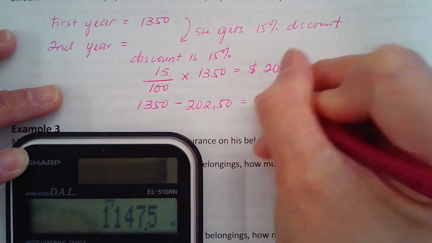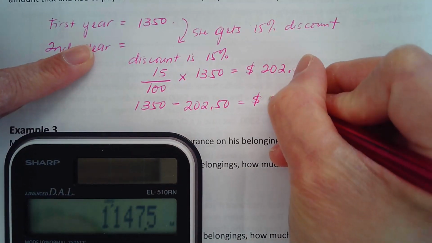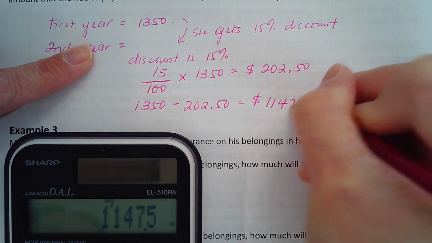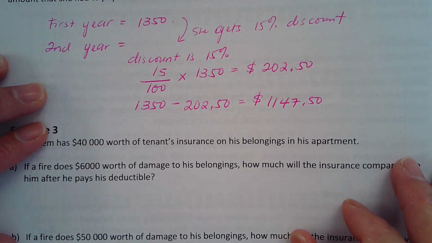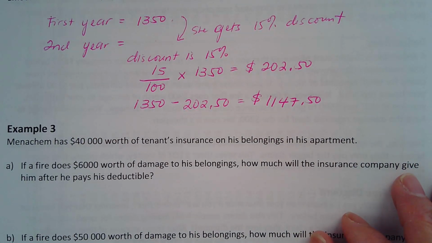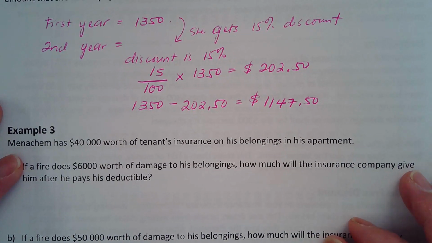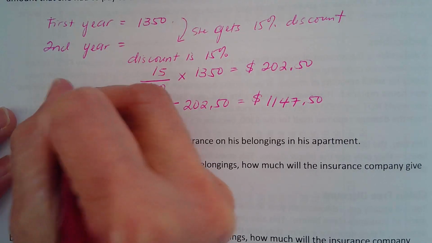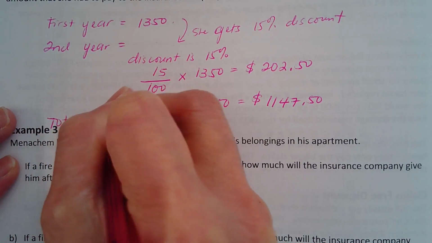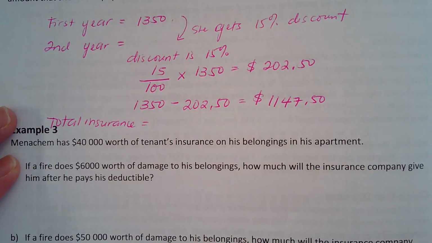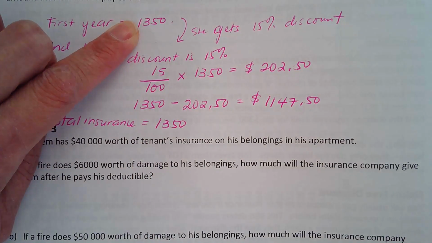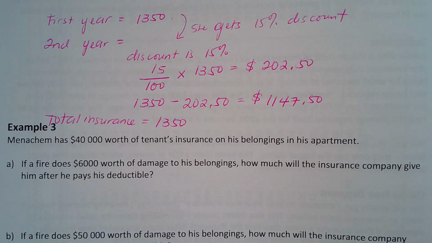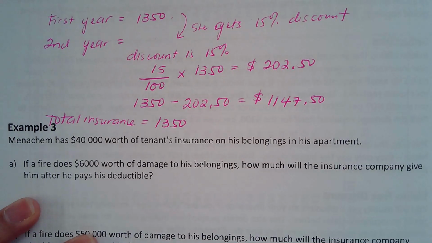So now she has to pay on the second year $1,147.50. Okay. So how much is her total insurance? Total insurance. Okay, so on her first year, her insurance was $1,350. On the second year, she is entitled to a discount.